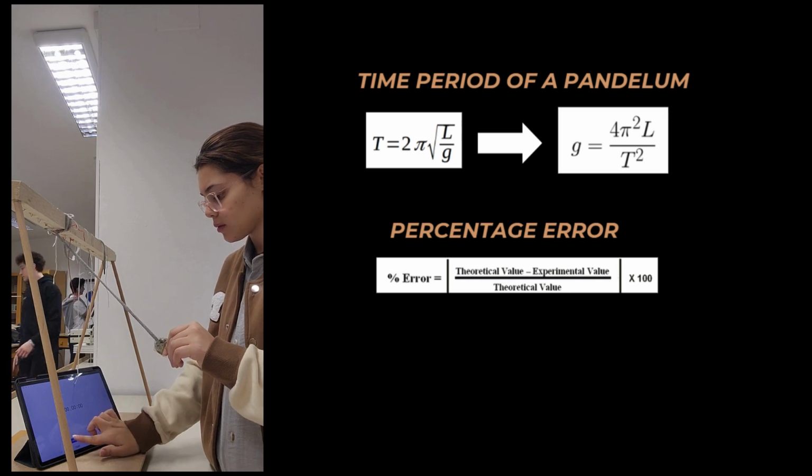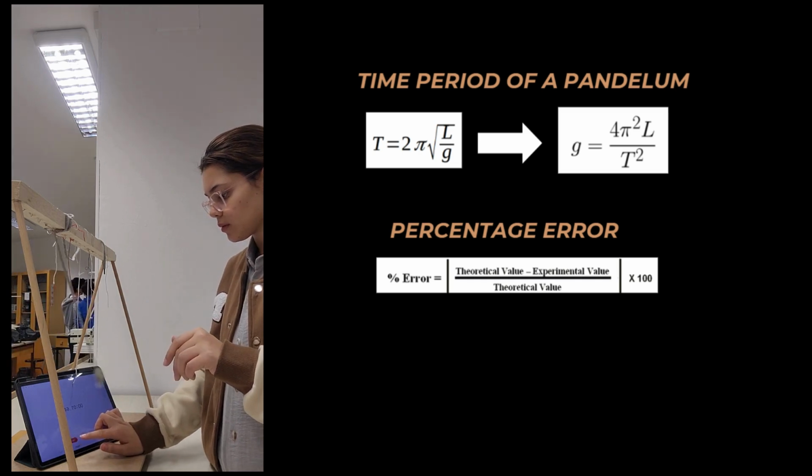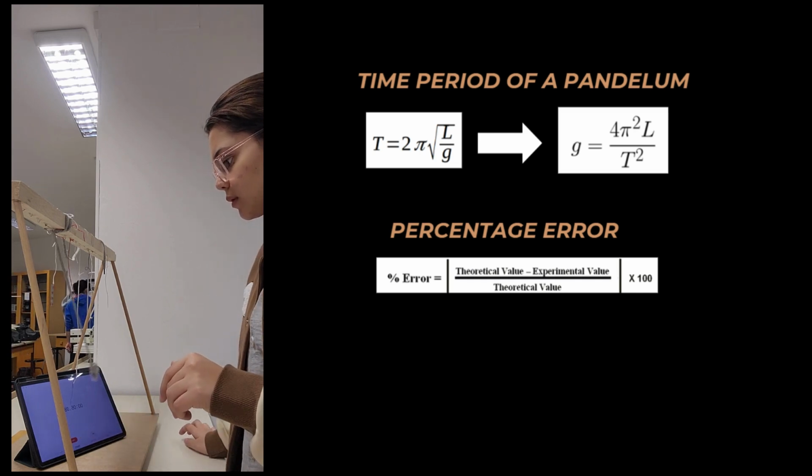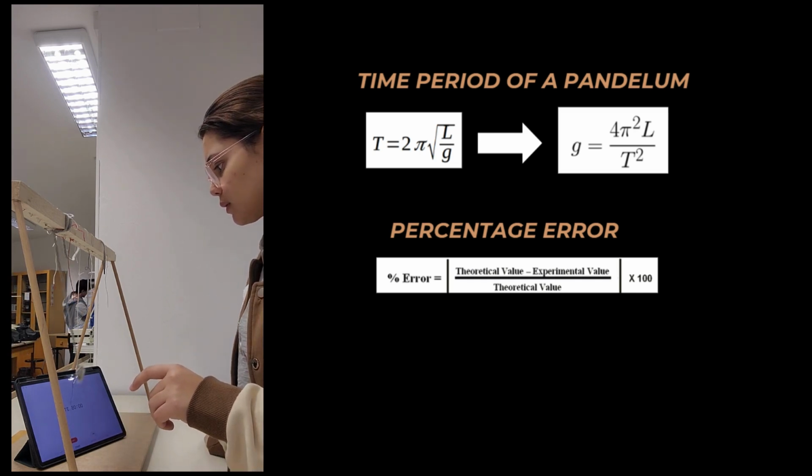And I will also use the percentage error equation to compare the calculated experimental G constant with the theoretical value, which is supposed to be 9.81 meters per second squared.